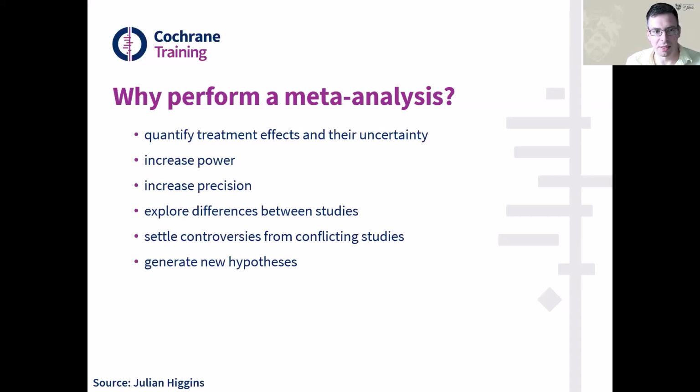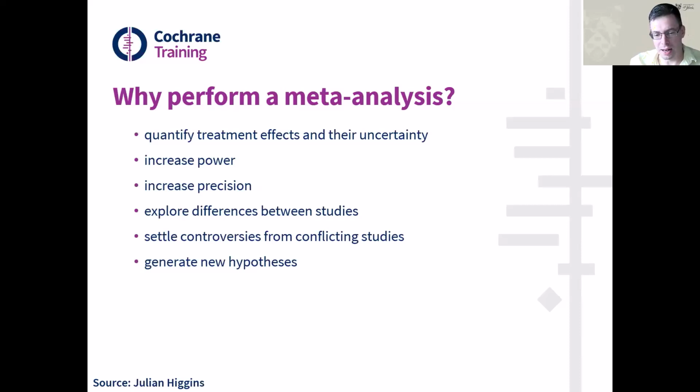Obviously, if we perform meta-analysis, it's a bit jargony here, but it increases the power. That means that if there is a benefit of a treatment, with more studies in a meta-analysis, we're more likely to be able to confirm that that treatment works than we could in a single study. It increases the precision, so we're more certain about what the actual truth is.